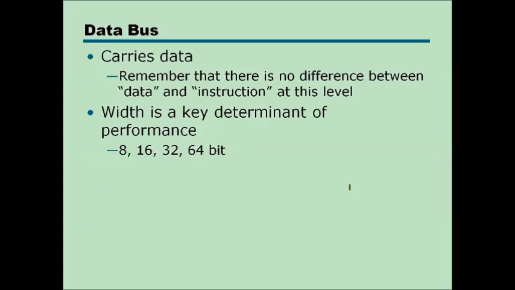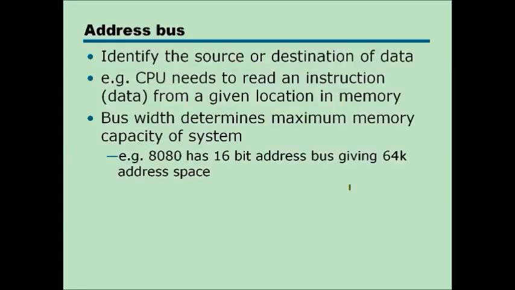So what is the data bus? The data bus carries data. Remember that there is no difference between data and instruction at this level, with this being a key determinant of performance. So either 8-bit, 16-bit, 32-bit, or 64-bit. Next is the address bus.